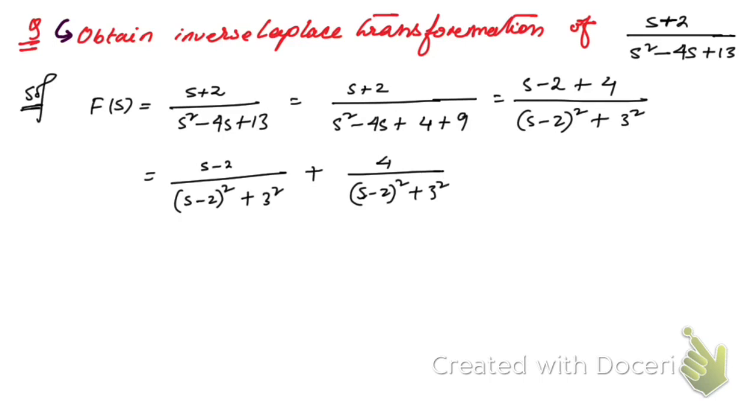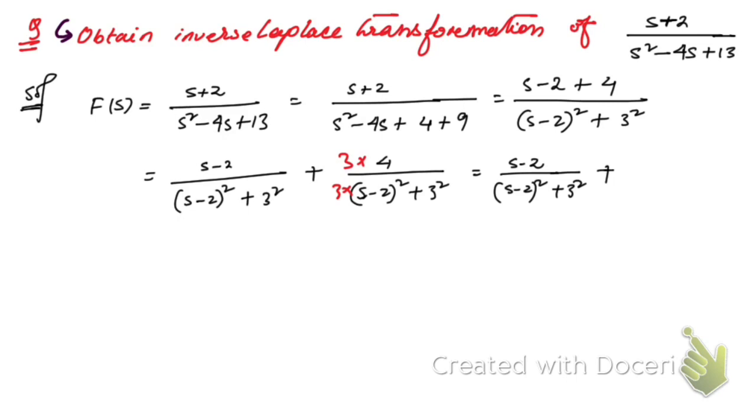Now here you see, as we have 3 square here, so we're going to make it 3. So how to make the 3? So we can write s minus 2 by s minus 2 whole square plus 3 square, then plus, so here what we can do, we can multiply 3 here and here as well, right?